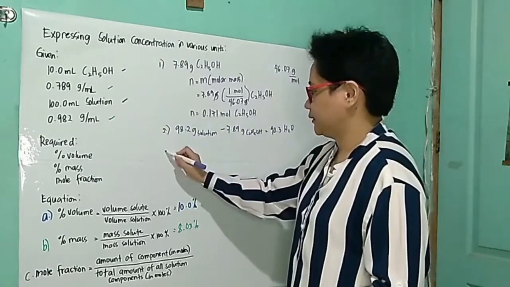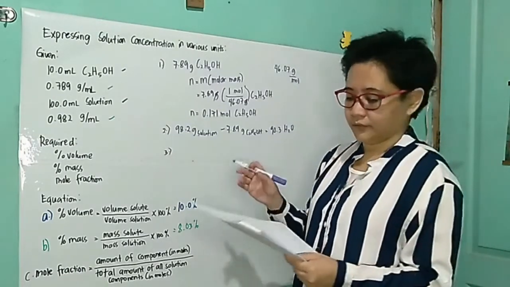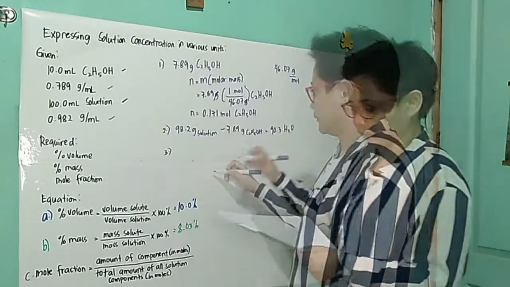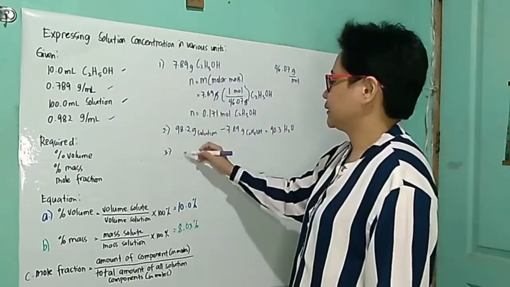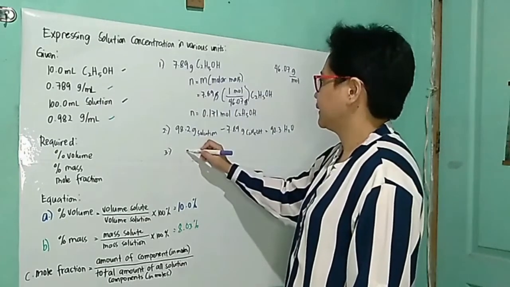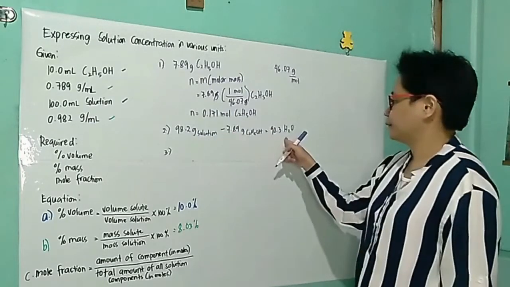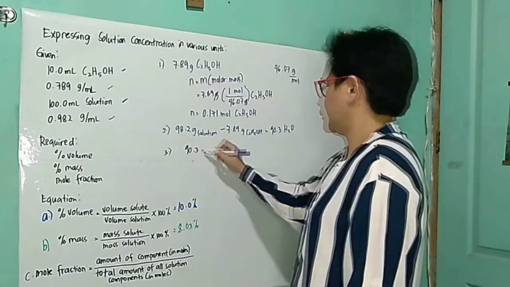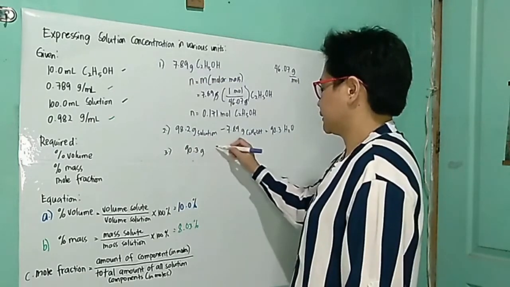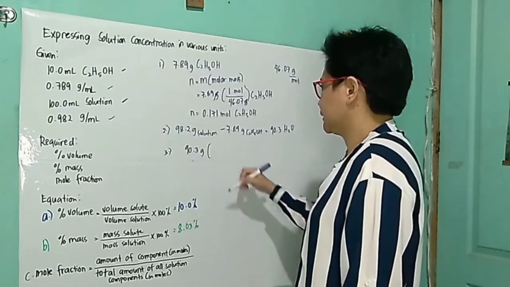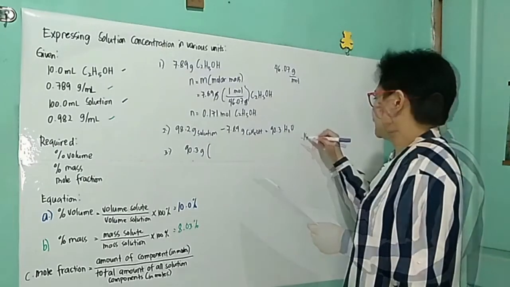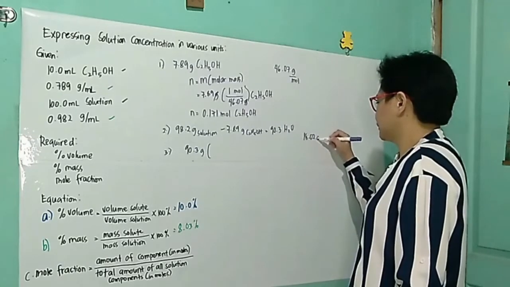Number 3, convert the mass of water to the number of moles. So, we'll use this formula again. Mass of water is 90.3 grams times molar mass of water, which is 18.02 grams per mole.